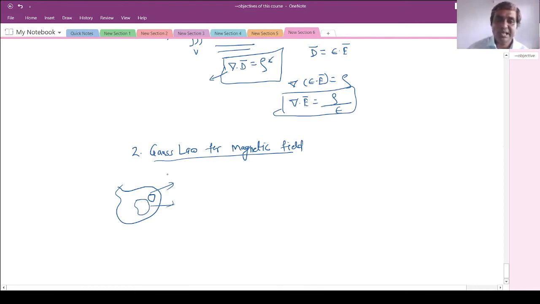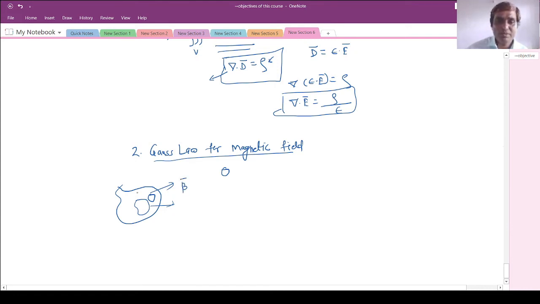So the statement of the Gauss law for the magnetic field, or magnetism, is that the net amount of magnetic flux coming out from the surface will always be equal to 0, because the net magnetic poles inside the surface will always be equal to 0. So how can I write that?